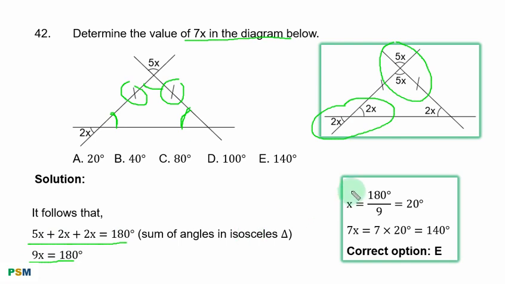To get S, divide both sides by 9. S is equal to 20 degrees. Therefore, 7S becomes 7 times 20 degrees, equal to 140 degrees. The correct option is E.